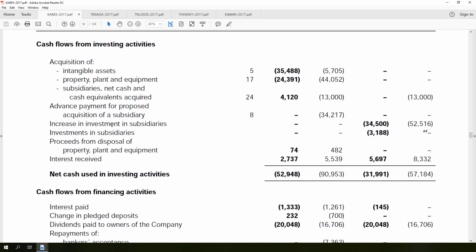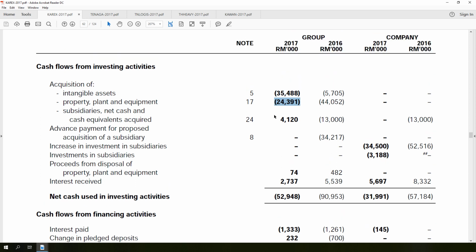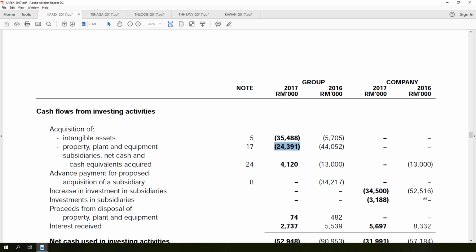As you can see in the cash flow statement, 24.391 million is shown in the cash flow statement. Because the capitalized interest was added into PP&E, this amount won't appear in the income statement.